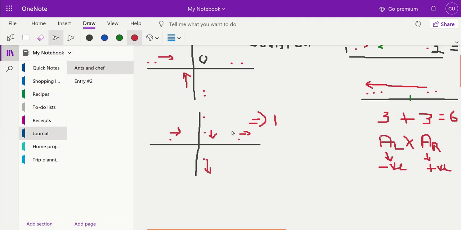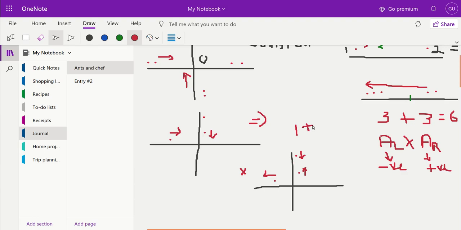So if the ants actually reverse their direction, what will happen is these two ants, right after the collision, start moving here. This ant was moving down and this ant starts moving up, and this ant starts moving left. They collide at O, so there was one collision, and then there is another collision happening here.